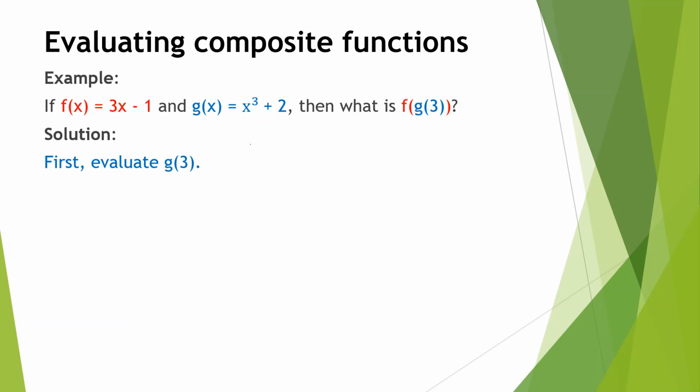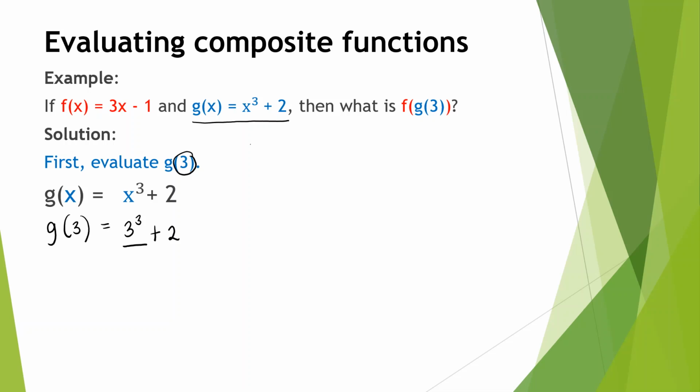First, let's evaluate g of 3. Take note that g of x is equal to x cubed plus 2. And since x is equal to 3, we will substitute x with 3. This will become g of 3 is equal to 3 cubed plus 2.